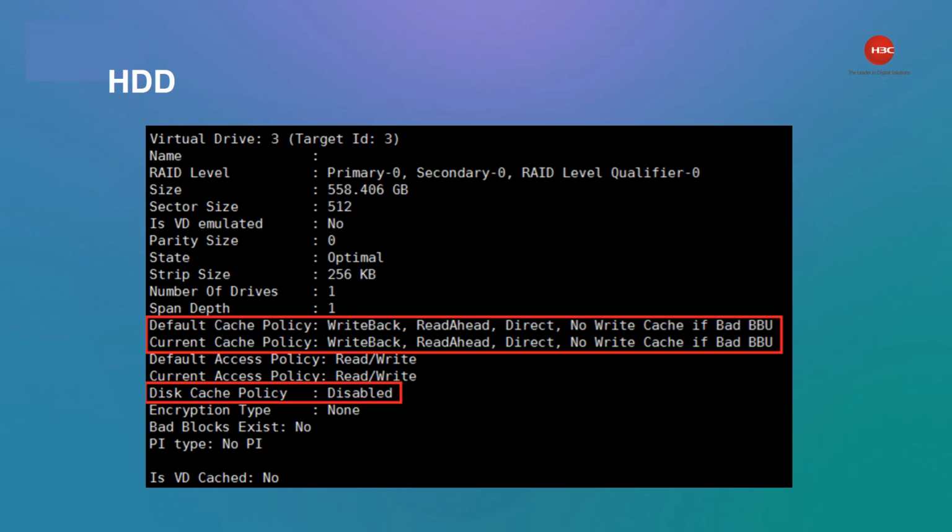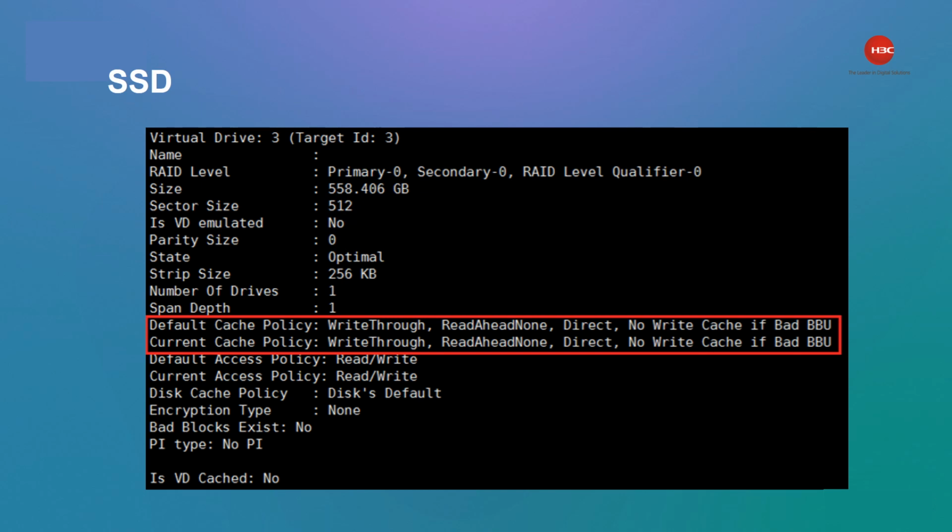When the power down protection mode is turned on, if the battery of the array card fails, the write cache will be automatically turned off, so that even if the battery of the array card fails, the data will not be lost. The physical cache mode, disk cache policy of the HDD should be set to disabled.